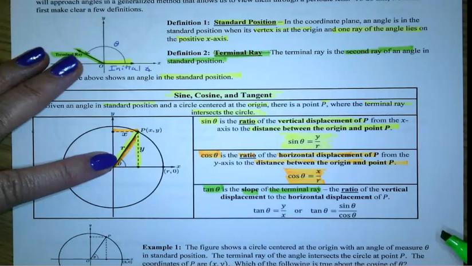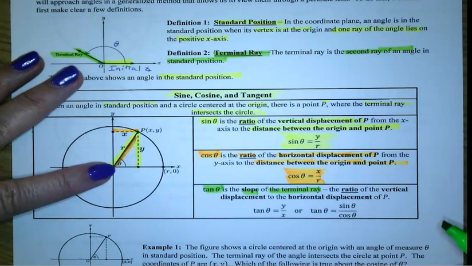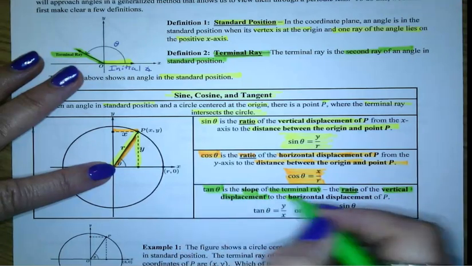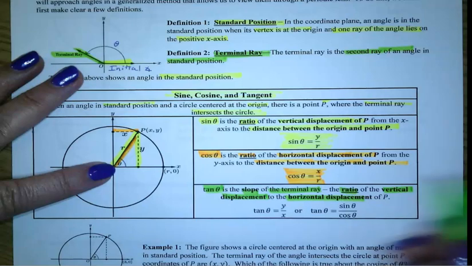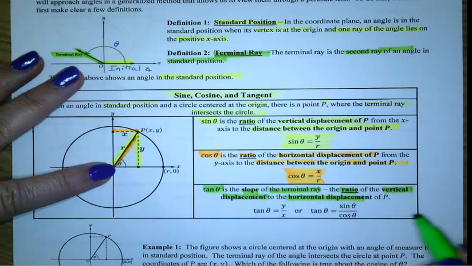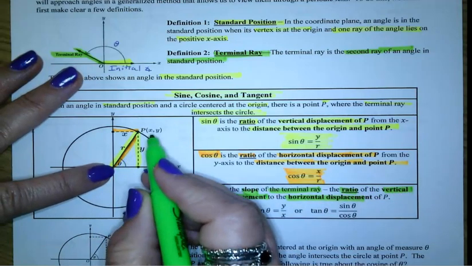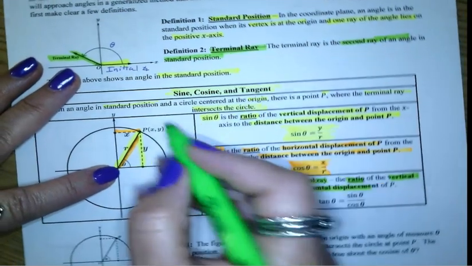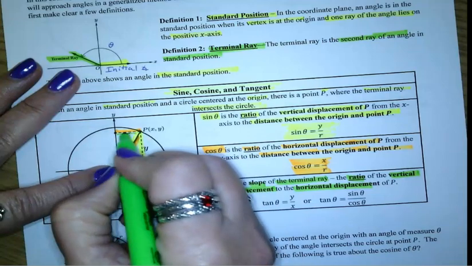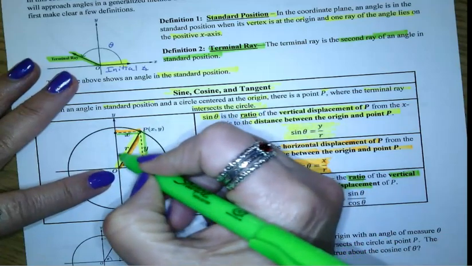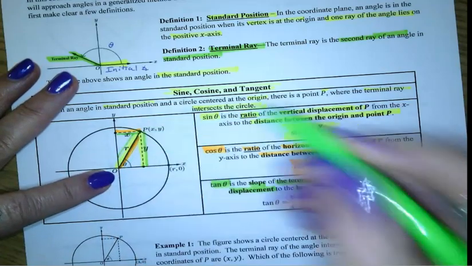So if tangent is the slope of the ray, it's also the ratio of the vertical displacement to the horizontal displacement, and that's the distance between the origin right here and where that P is. That's the slope of that line. So the displacement would be the horizontal and the vertical, and it can also be the slope of that line.